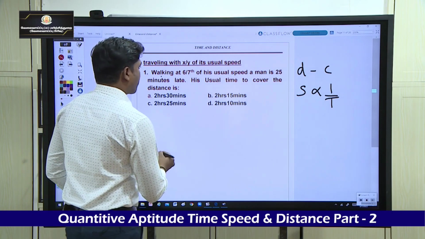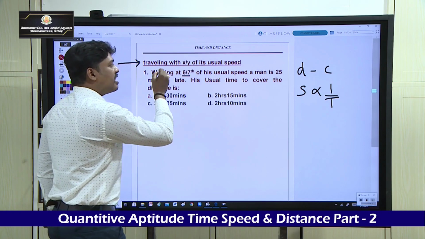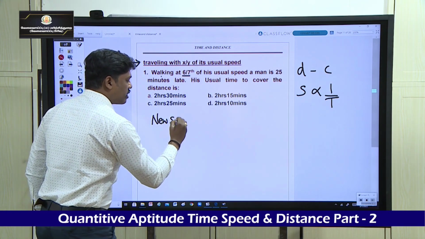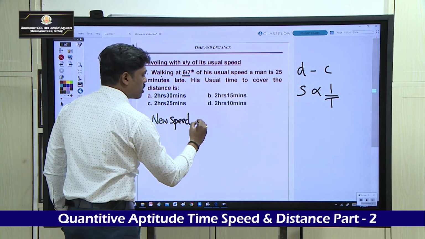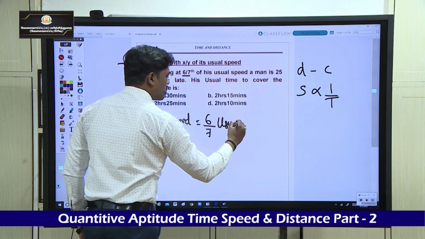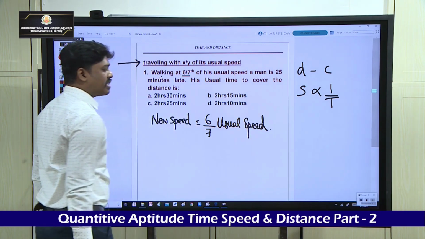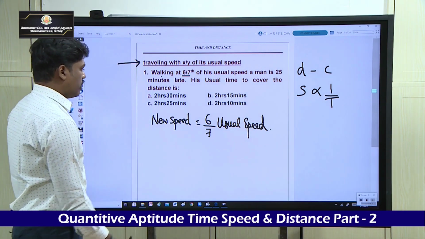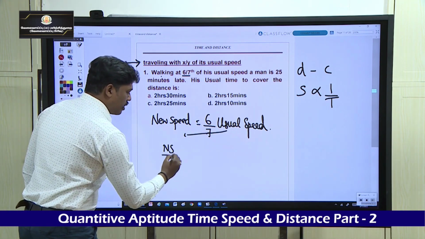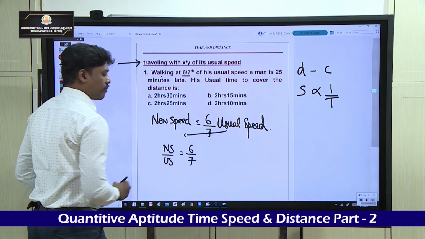Okay. So right here, walking at a speed 6/7 of usual speed means this is a new speed. So that person's new speed is 6/7 of his usual speed. Now what happens? New speed divided by usual speed is equal to 6/7.